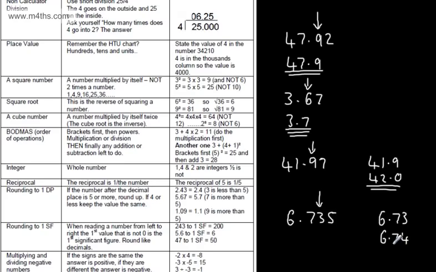This is to two decimal places. So do I need to round up? Well, the 5 is 5 or more, so yes, we would. If I had 6.732, then again, we're focusing on whether this 3 is going to change. We would round down as the 2 is less than 5.